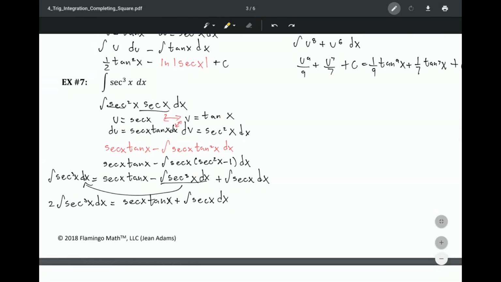Notice that all I have to do now is just divide both sides by 2. So the answer to this would be secant x tangent x plus the integral of this, which is actually the natural log of the absolute value of secant x plus tangent x, close the absolute value, plus c, all of that over 2.